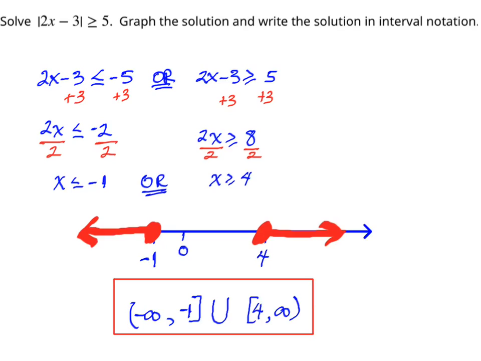But if it's a greater than or equal to, then the distance between that number inside and the number 0 has to be greater than a certain number of units. Then you're outside. You're going away from 0. So you're going to get 2 inequalities. And they can't happen at the same time. So you've got to put an or in between.